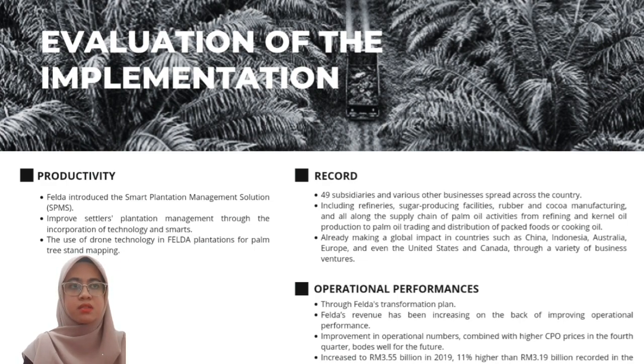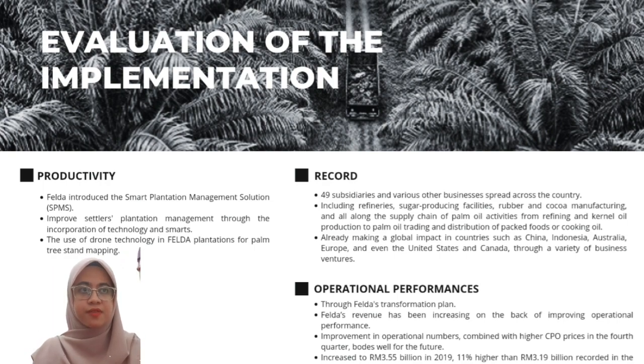The Felda model has also been shown to be effective in lifting rural people out of poverty and improving their socio-economic status. In terms of operational performance, Felda's revenue has increased on the back of improving operational performance. Felda's transformation plan has clearly been successful, as evidenced by the significant improvement in operational performance.